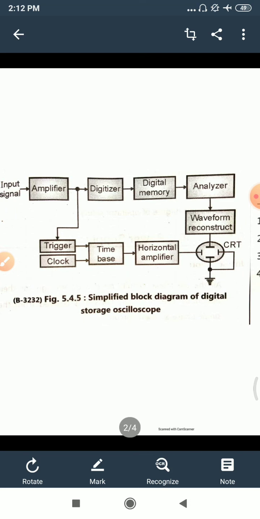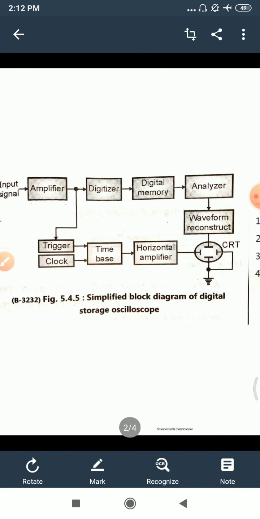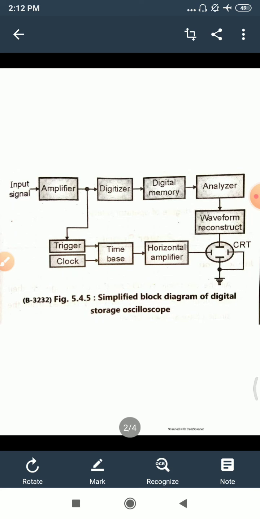After this we have the waveform reconstructor block. The function of the waveform reconstructor is the same as its name indicates, that it will reconstruct the waveform. Now we know that whenever we have to display the signal, it must again be in analog form, right? Because we provide the input signal as an analog one.